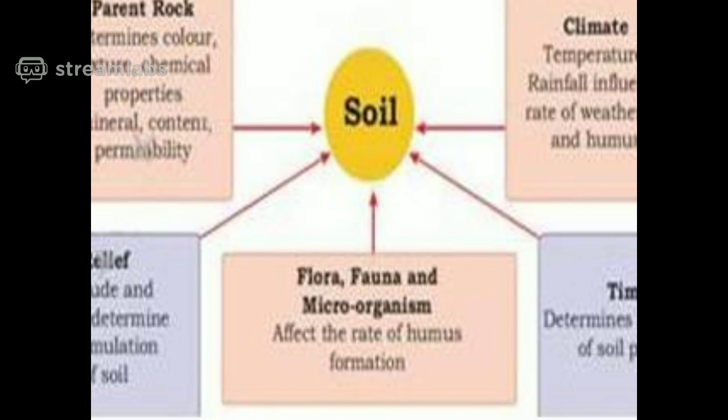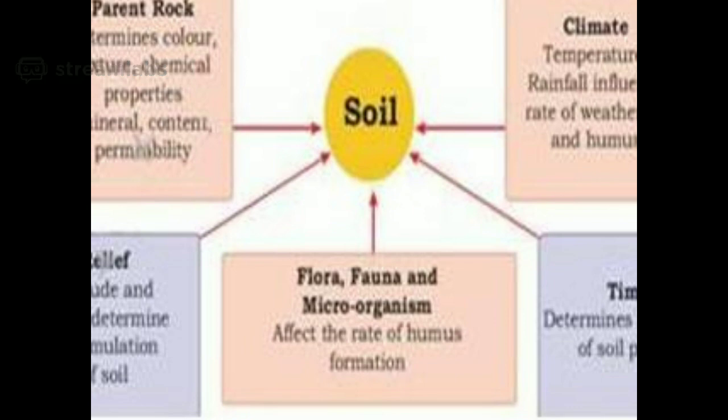Next we discussed was climate: temperature, rainfall, rate of weathering and humus formation. Next is relief. Relief means topography, it can also be called altitude, what height, whether it is hills or cliffs or slope, it determines the accumulation of soil.